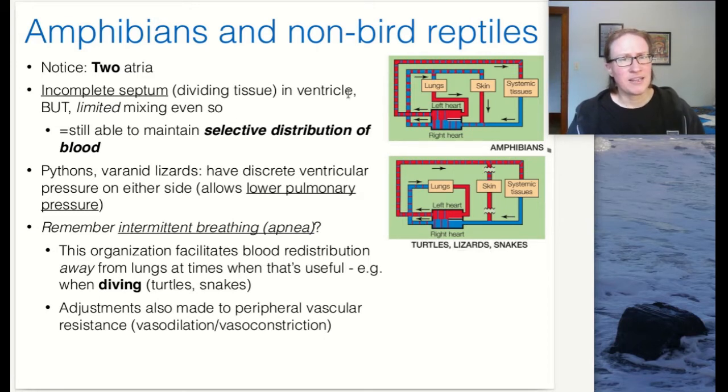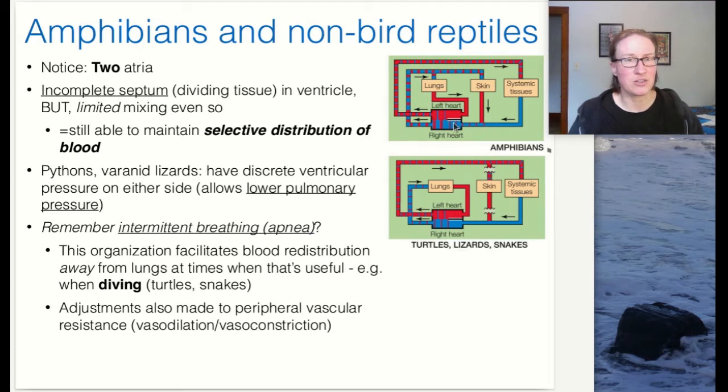Okay, so in the ventricle, these animals have an incomplete septum. So there may be some tissue present, there might be no tissue present, but it's not a completely separated out ventricle. And even though the septum in the ventricle is not complete, there's still limited mixing of blood across the left and right side of the ventricle.